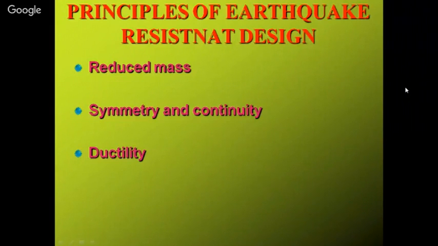In case of our structures also, the mass is a great problem. An earthquake induces inertia force in the building, and this inertia force is proportional to the mass. If the mass of the building is more, then the inertia force induced by the earthquake will be high in that building.